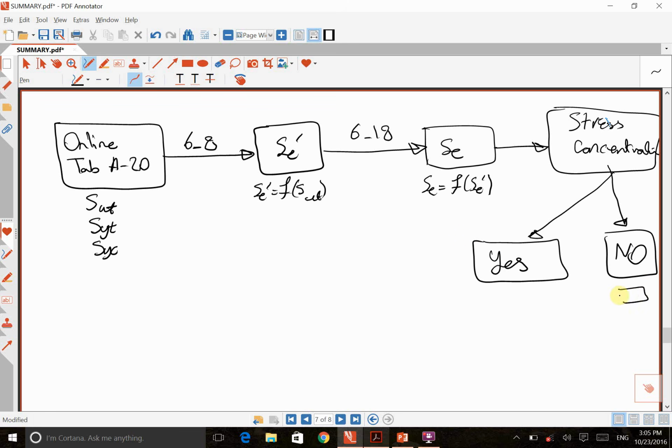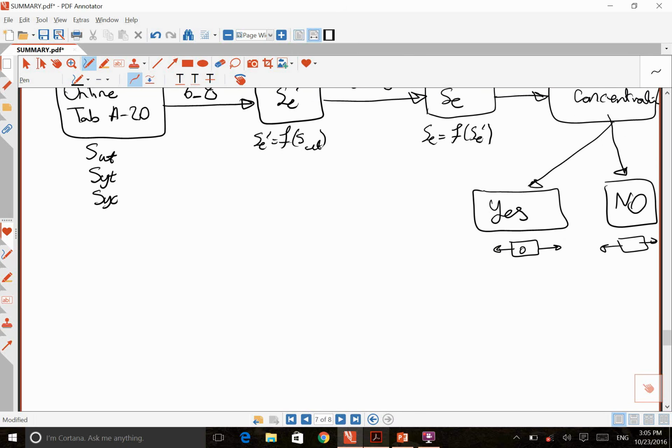If there are any stress concentration sources, we need to find KT, the theoretical stress concentration, and this can be read from appendix tables A15 and A16.